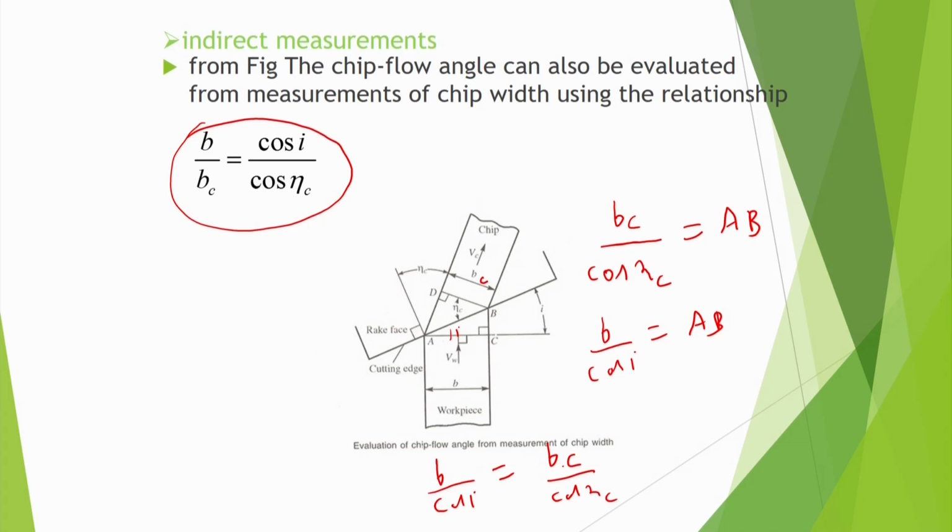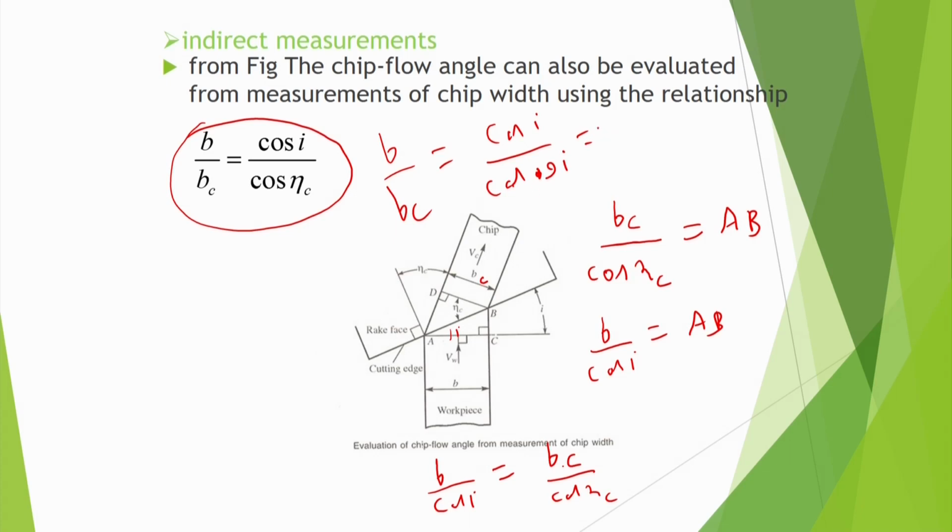Otherwise, later on he did some photographic study, and by that film study he found that eta C is in fact about 0.9 times I. So 0.9 times I means 90% of I. So this value is cos I and this is cos of 0.9 I. B by BC is equal to cos I divided by cos 0.9 I. Cos 0.9 I will be more than cos I, because the smaller the angle, the larger the cosine.